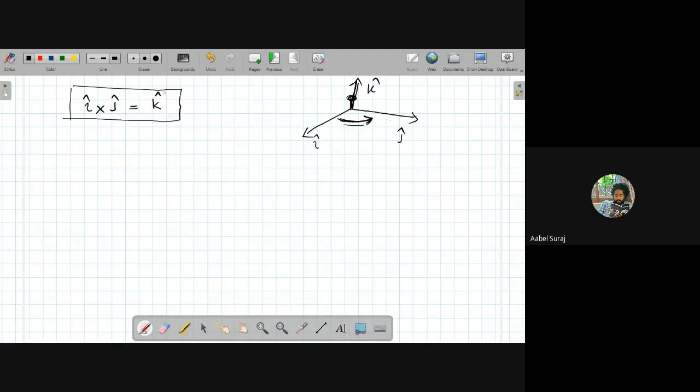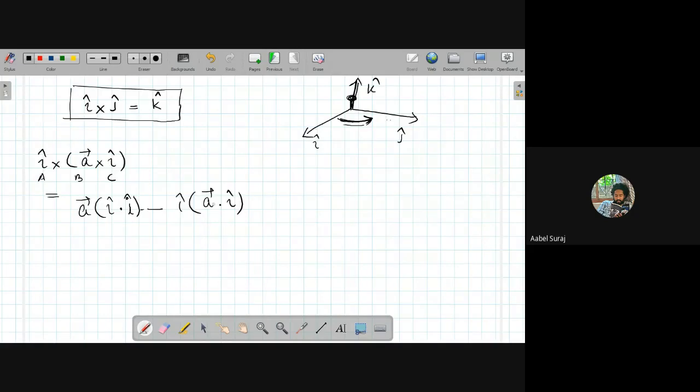Okay, now we'll do the other thing. I think there is no need to do the other thing. I'll do one calculation. So i cross a cross i, right? What is i cross a cross i? If it is a cross b cross c, using the back minus cab rule, it will be a into i dot i, minus cab, the i into a dot i.